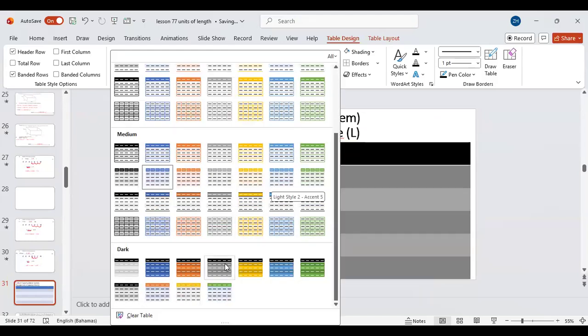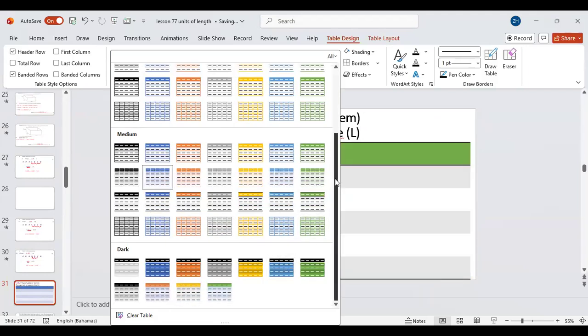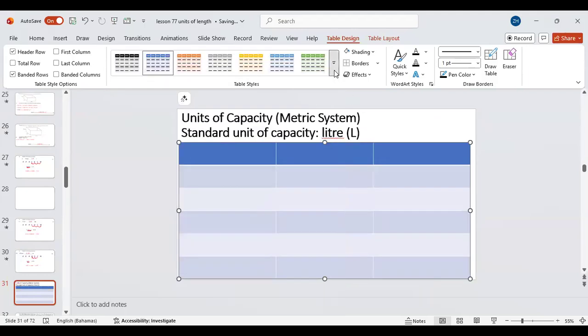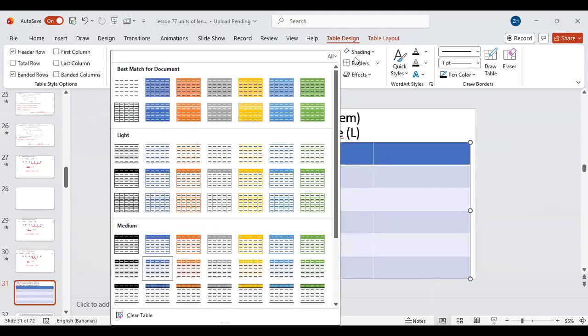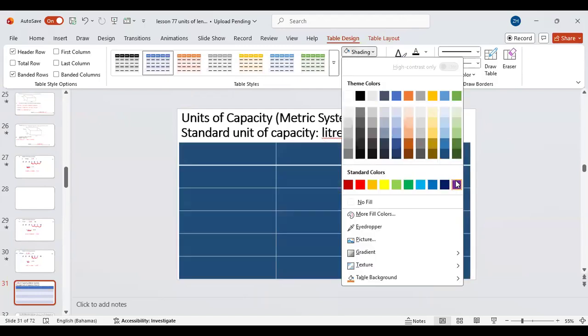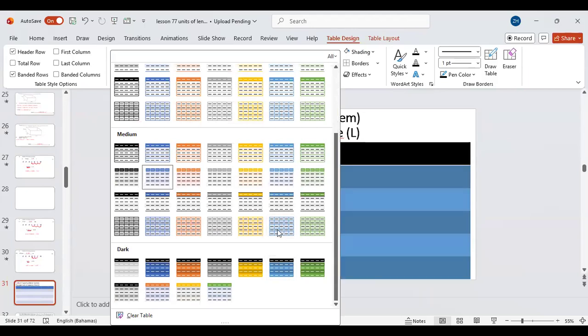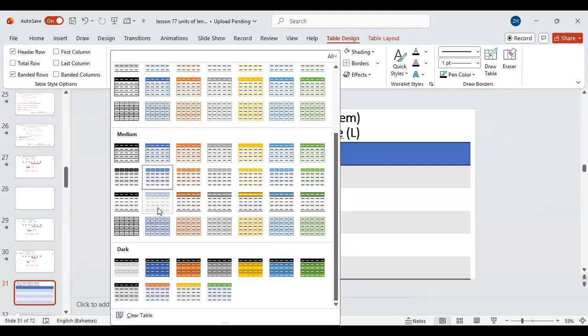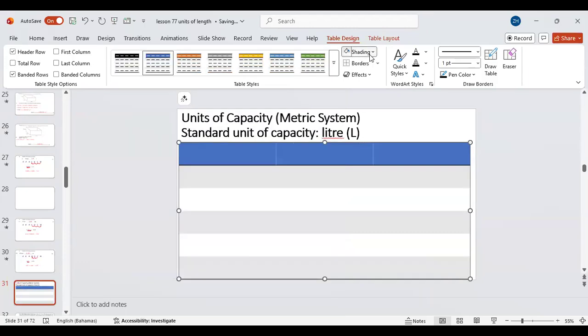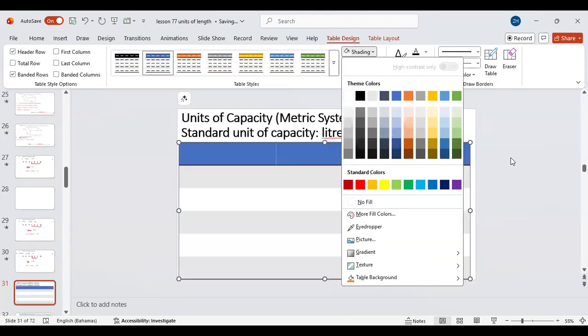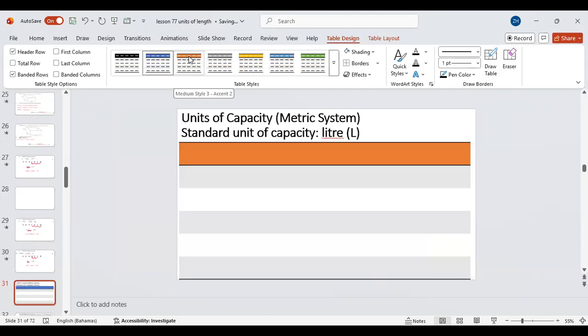And for this one, we're going to go with orange, unfortunately.